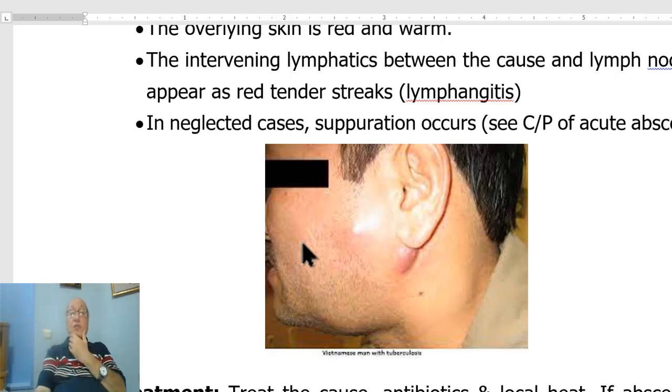If the condition is not treated properly, the condition may pass to chronic non-specific lymphadenitis, which is chronic inflammation in the lymph node.